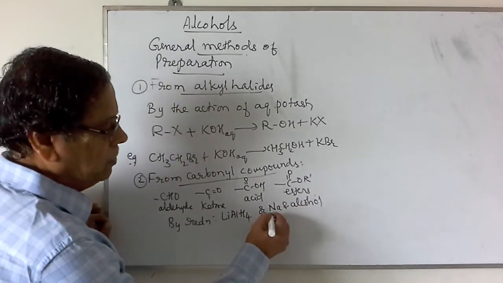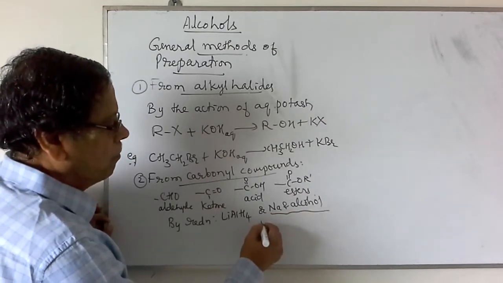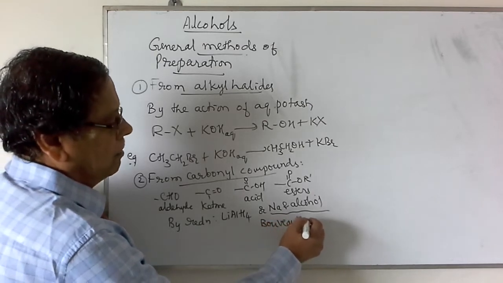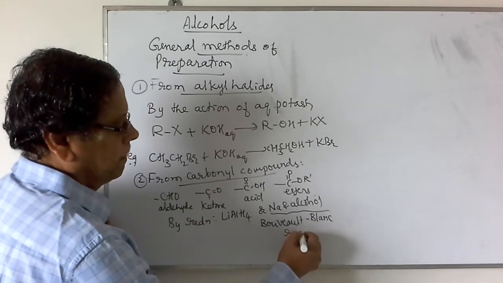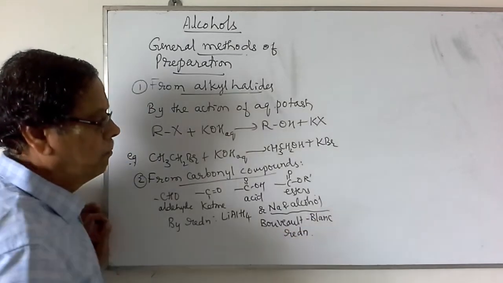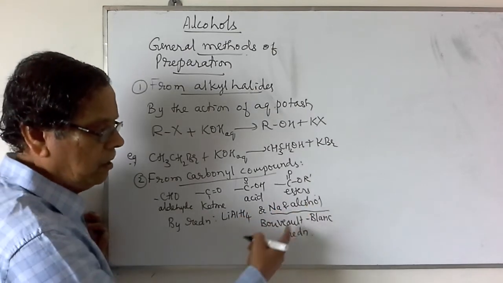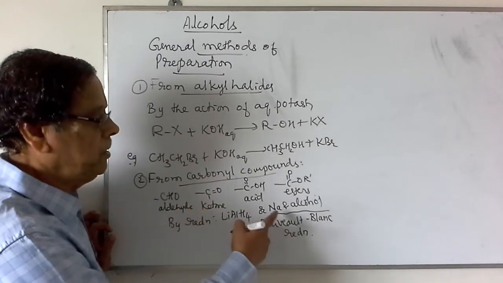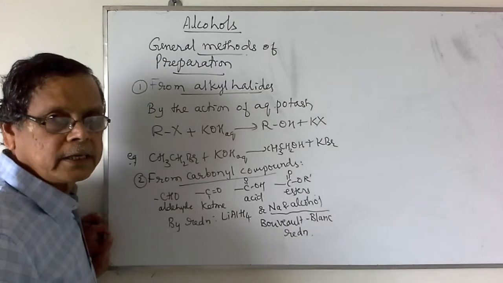The reduction by using sodium and alcohol is called the Bouveault-Blanc reduction. Such a reduction of the carbonyl compound by using this reagent is named the Bouveault-Blanc reduction.